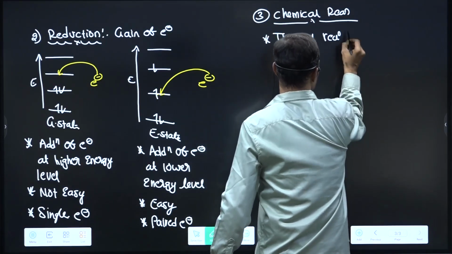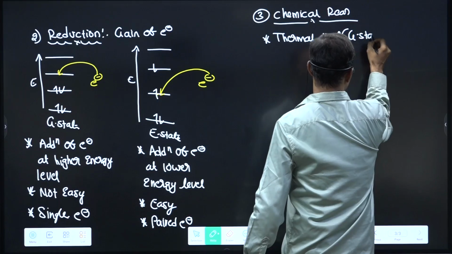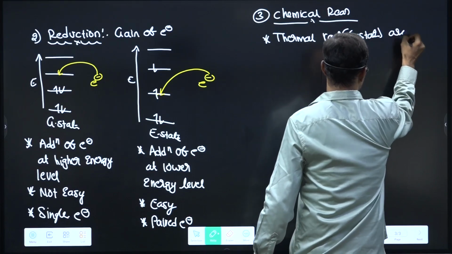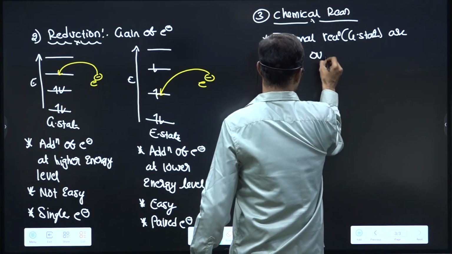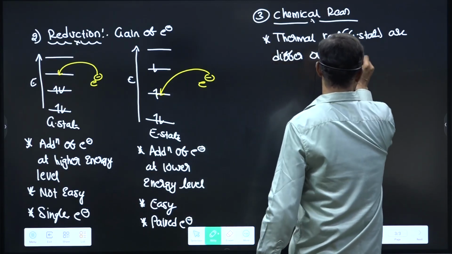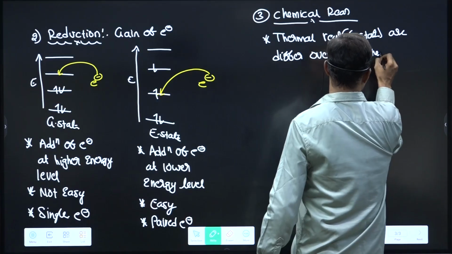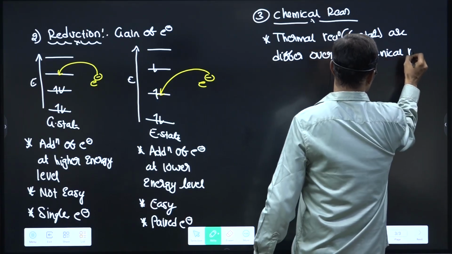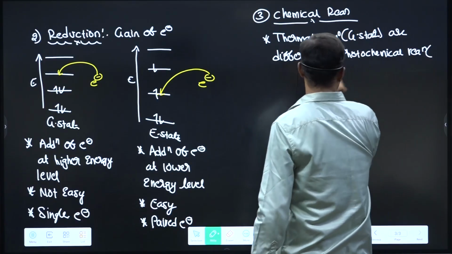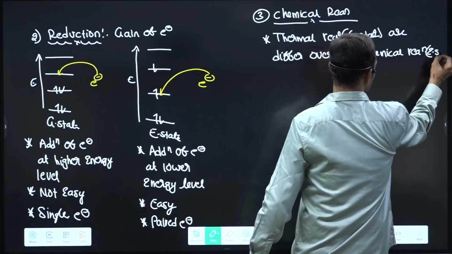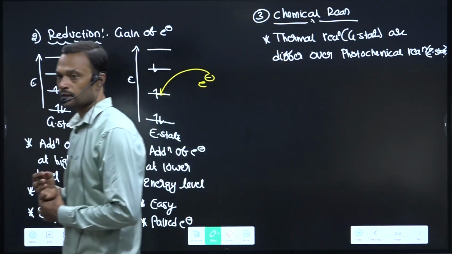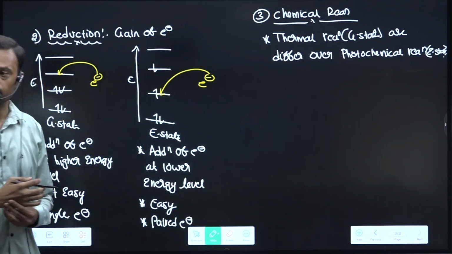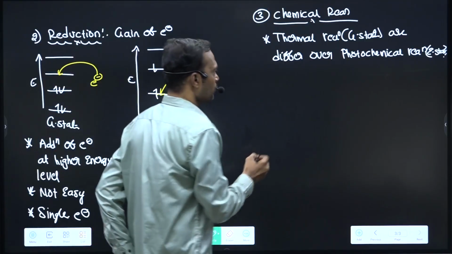Thermal reactions are different from photochemical reactions. Photochemical reactions are excited state reactions. Thermal reactions are different, photochemical reactions are different.